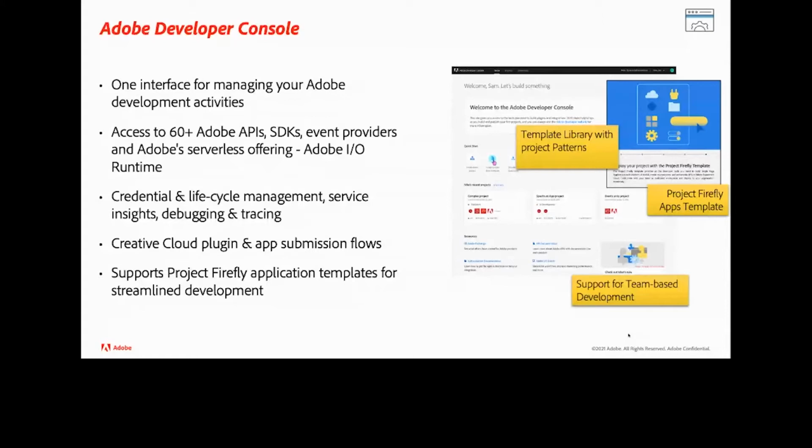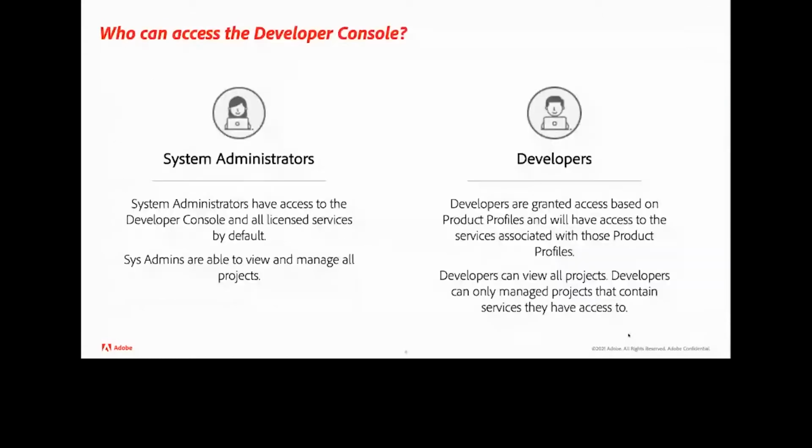So who can access the Developer Console? There are two primary Adobe roles that can use the console. And that's the system administrator of an organization and a developer inside of an organization. Now, system administrators, of course, have access to all of the products and services, as they are the ones responsible for managing Adobe instances on behalf of a customer.